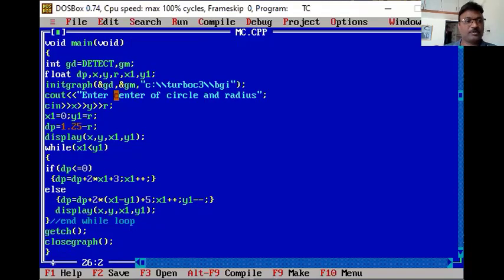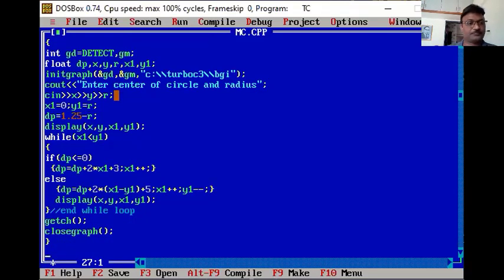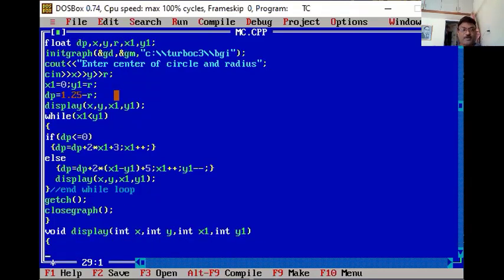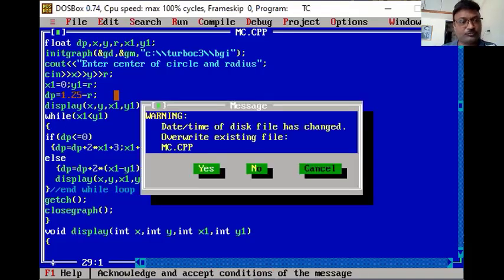So once you have done the closegraph, you have to write your display function, void display, with the values int x, int y, int x1, int y1. Now don't put the semicolon here because I am writing the function. Okay, I'm again going to save it.